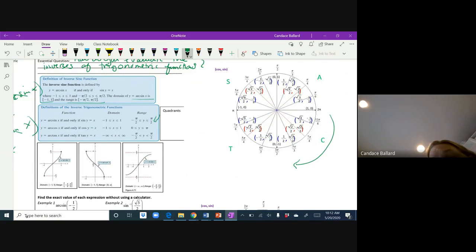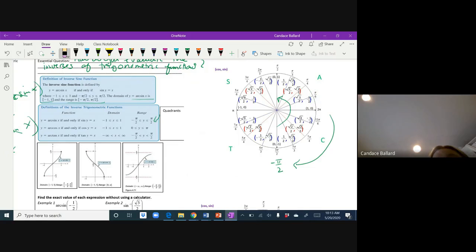If I just go one pi over 2 back, that's like saying negative pi over 2. The reason we do that is because this way we have a smooth place to get all the way from here all the way up to here, and we can count in order. Because it doesn't make sense to go from 3 pi over 2 to 5 pi over 3 to 7 pi over 4 to 11 pi over 6 back to 1 pi over 6. That counting doesn't make sense. So we use the negatives.